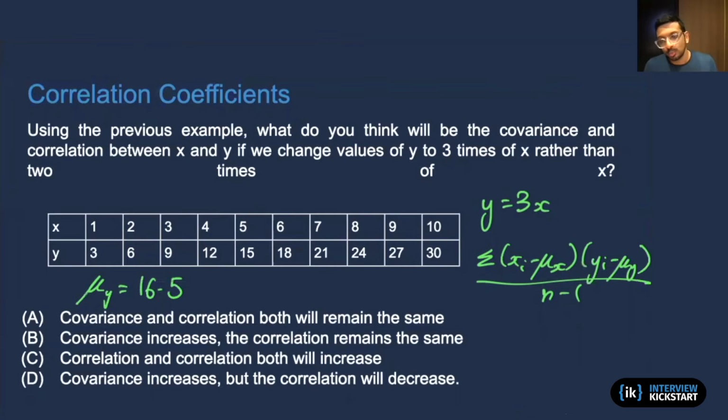And so let's think about what that means for the values of yi minus mu y compared to the previous case, right? So let's take just one example from the previous case. We have 2 and we have the mean being 11. So let me color that differently. So we have yi is equal to 2, mu y is equal to 11.